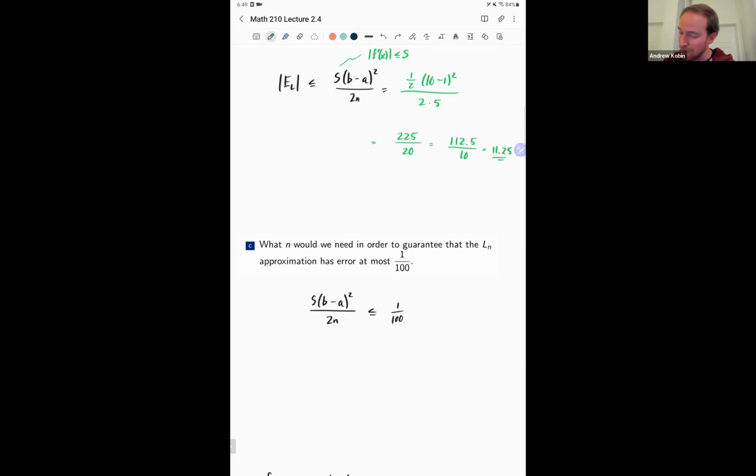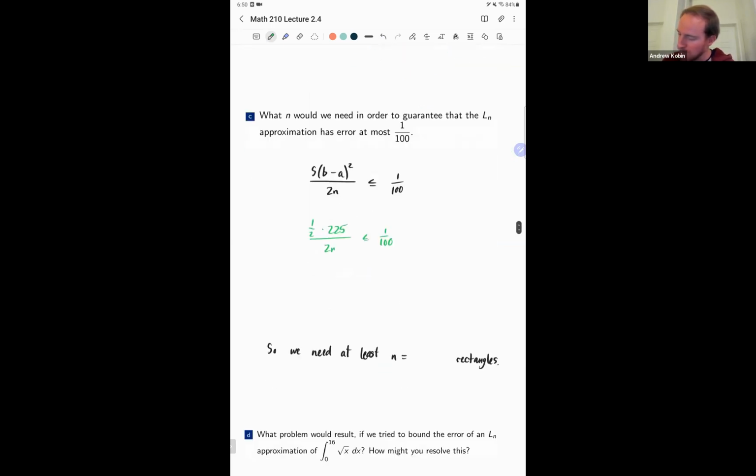First of all, I'm going to plug in S, b, and a. I don't know what n is yet. We need to find n. So S was 1/2 from 2 parts ago. B minus a was 16 minus 1 squared, that was 225. And then 2 times n, we don't know n yet, is less than or equal to 1/100th. I'm going to solve for n, so I'm going to multiply by 2n and multiply by 100 on the 2 different sides.